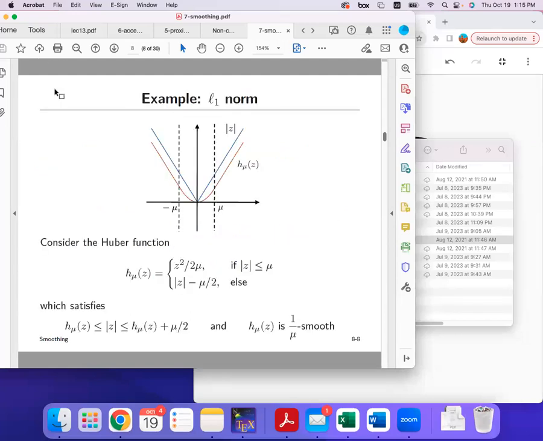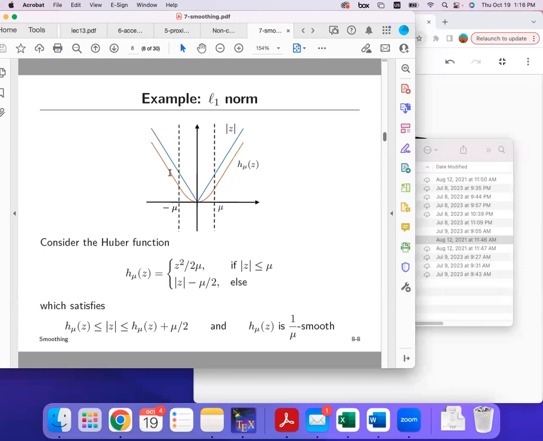And this is a very intuitive example to illustrate this smoothable or smoothing idea. Let's look at the absolute value function, or the L1 norm. The L1 norm is simply the absolute value function in the case of one dimension.